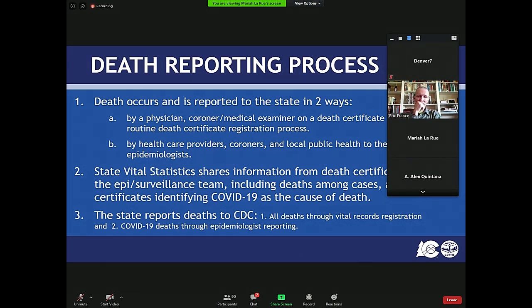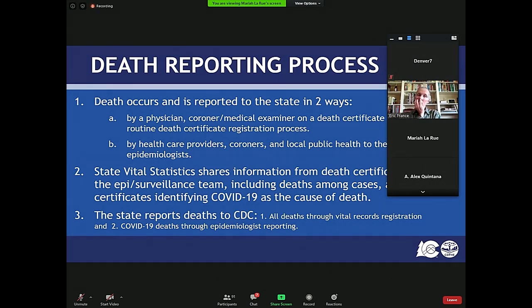That information gets registered within the state health department through routine vital records registration. And we use that as one source of information for deaths among cases of COVID-19. And so we do routinely share information from death certificates to the COVID-19 epidemiologists, and they incorporate that information into their system as well.